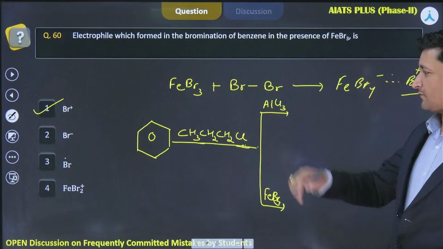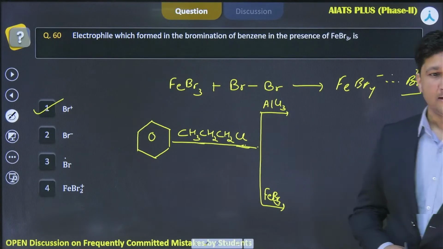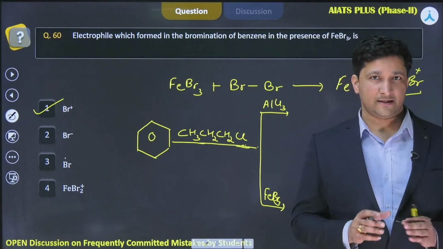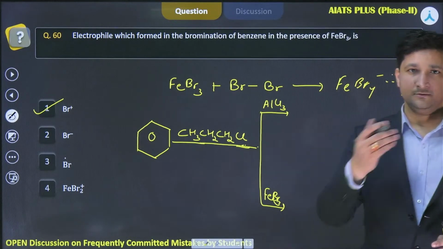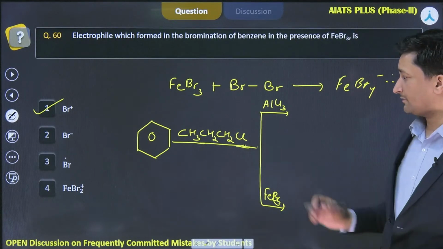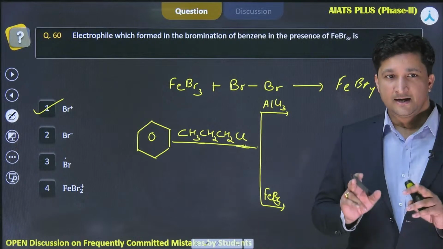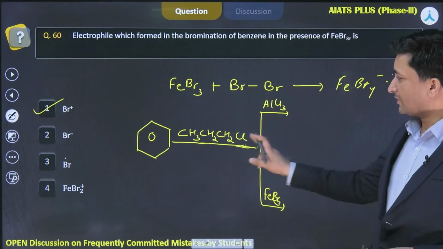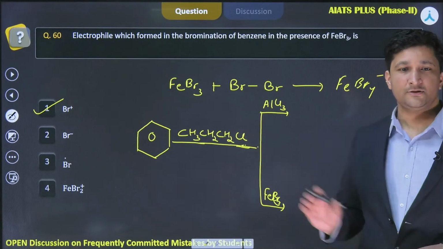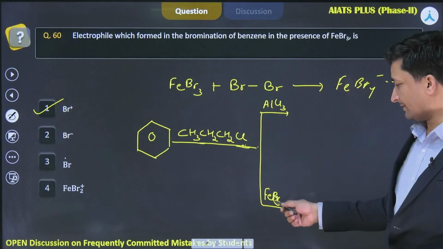Now, in this case, what happened during AlCl3? AlCl3 again will act as a Lewis acid. It will take the Cl and form AlCl4 minus, and then a carbocation will be produced here. These two are very important examples which you have to remember.